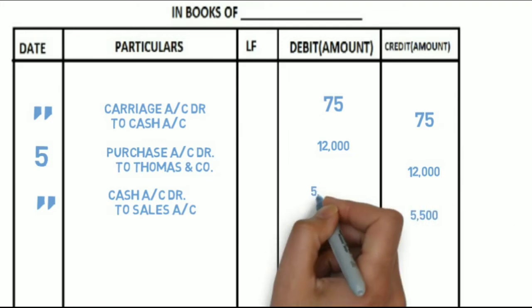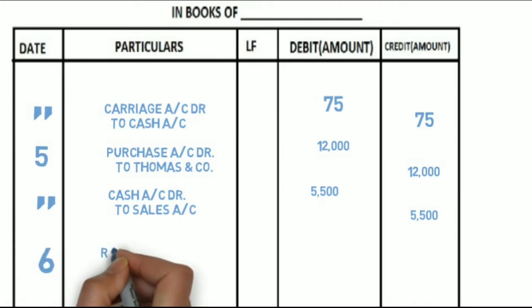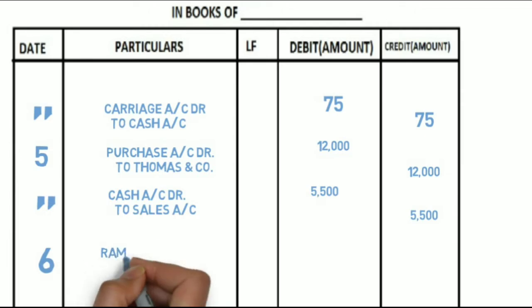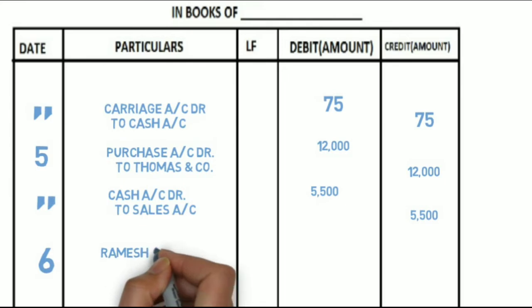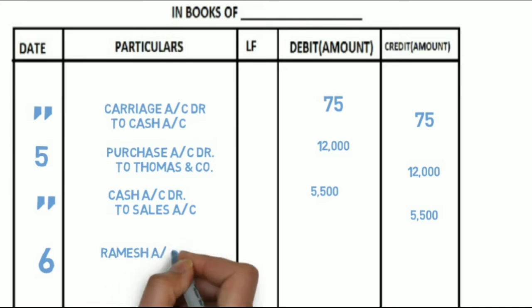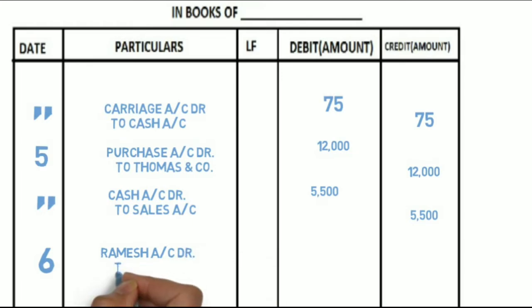And on 6th, sold goods on credit to Ramesh 2,750. So we have sold goods to somebody and it is on credit. So think about it. He will be a creditor or a debtor? Of course, he will be a debtor. And the word to is also used here.